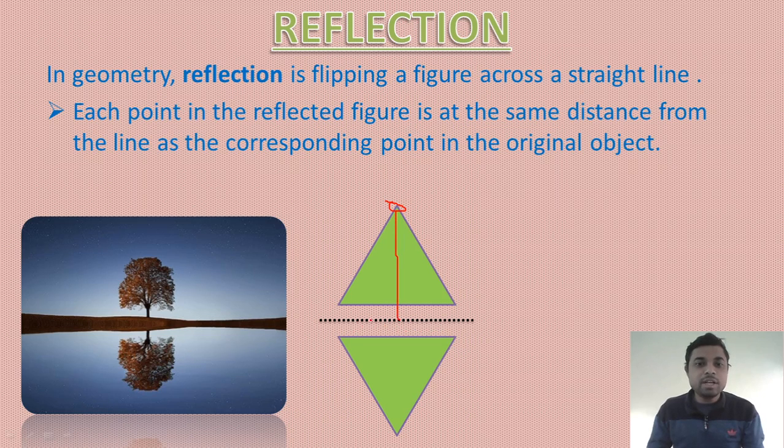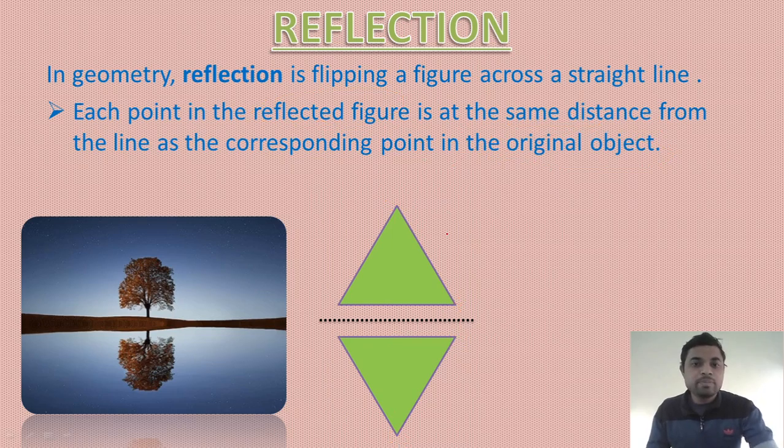Then from here to this mirror, this will be the same. This distance will remain the same for this point on the reflected object. Similarly, the distance of this point from the line will be equal to the distance of this. So the reflected figure and original figure are at the same distance.